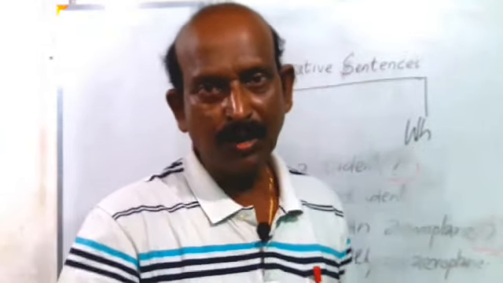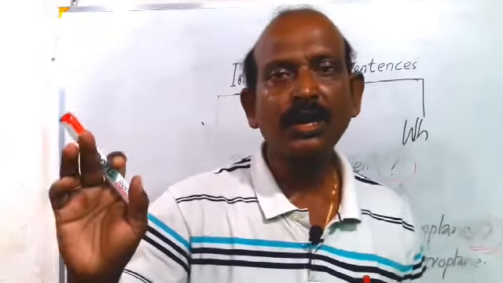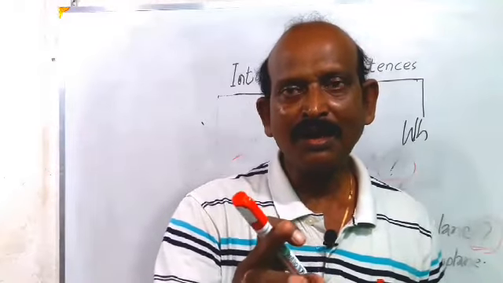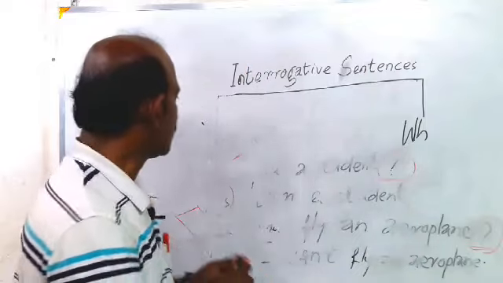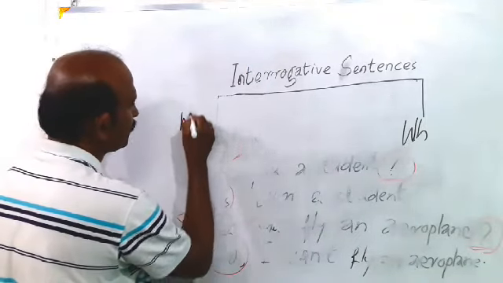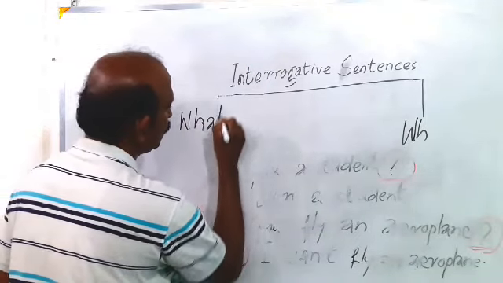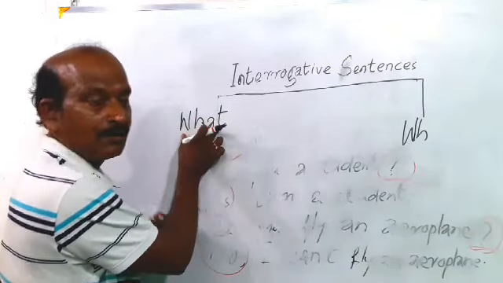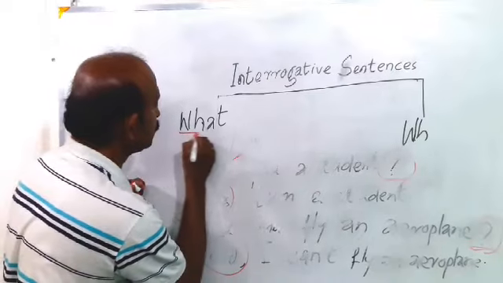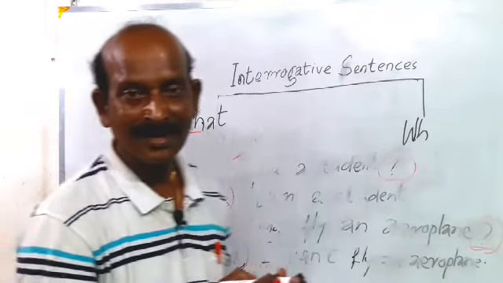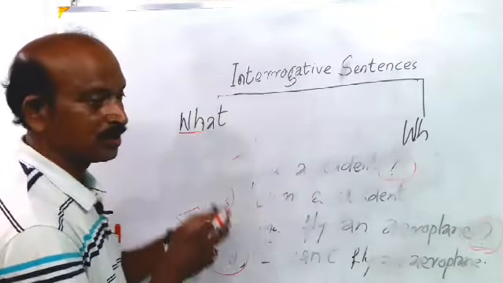That is, interrogative words that begin with WH. Can you say any WH word? I know you know them, such as, for example, what. This word begins with WH. What? Yes or no? So it is a WH type question.